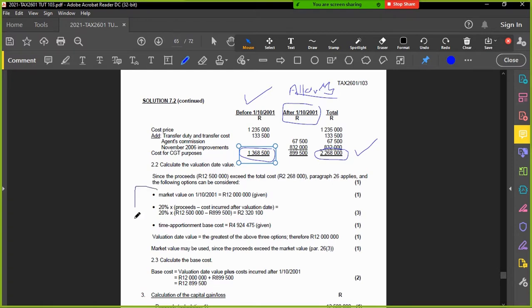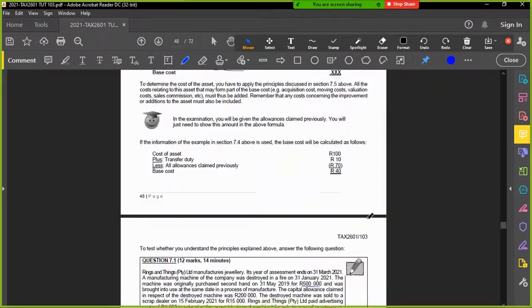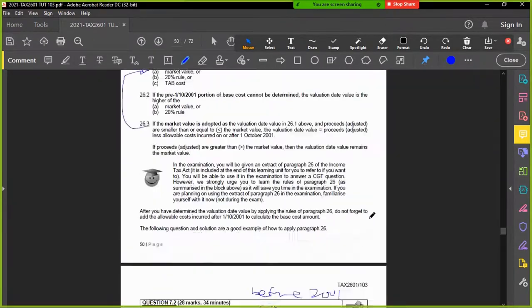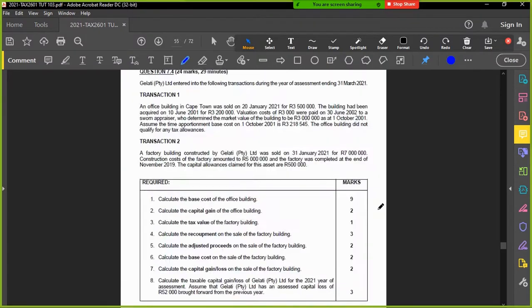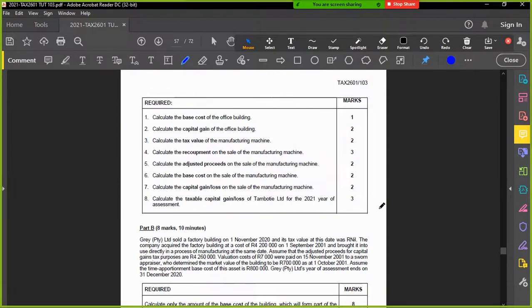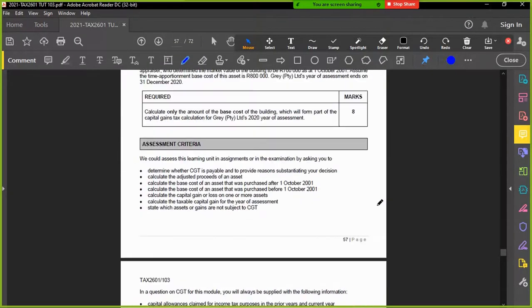Then we did the check. There's the checking. Market value was right. That one, what was our figure? What page is this? This is page 65. Hold on, where did I do the working?